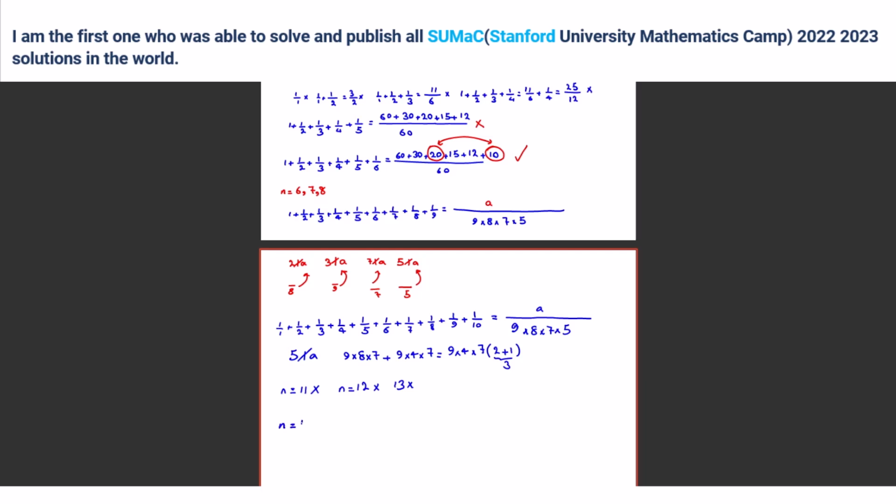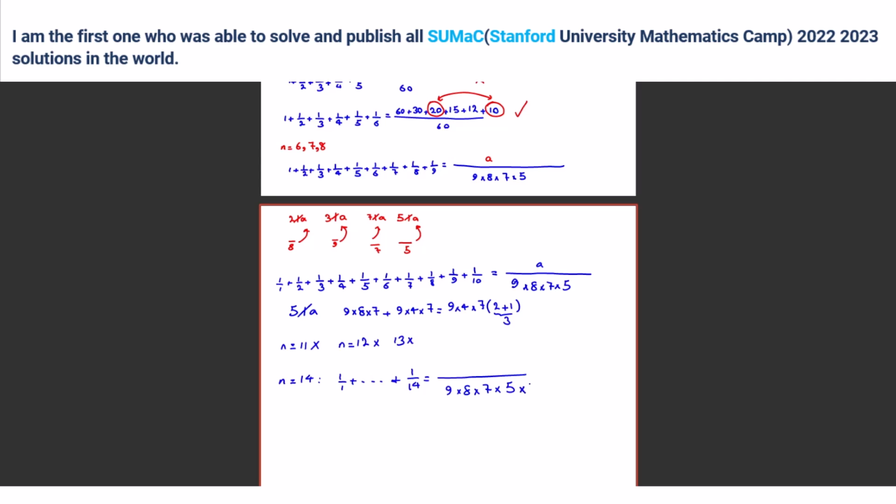So for 14, 1 over 1 to 1 over 14, the LCM of the denominators would be 9 times 8 times 5 times 7 times 11 times 13, again the same thing, right? But sorry, what about also 11 and 13, right?